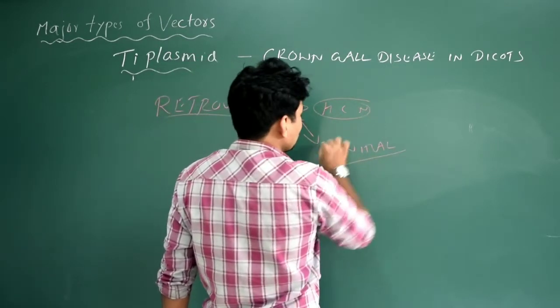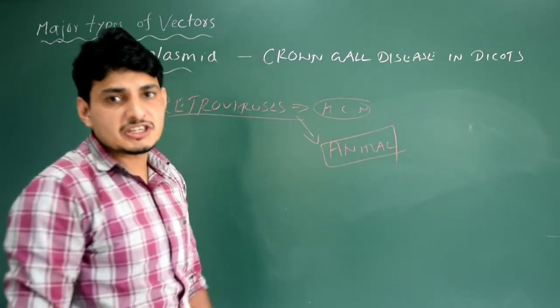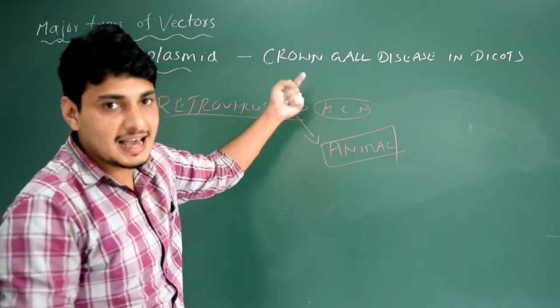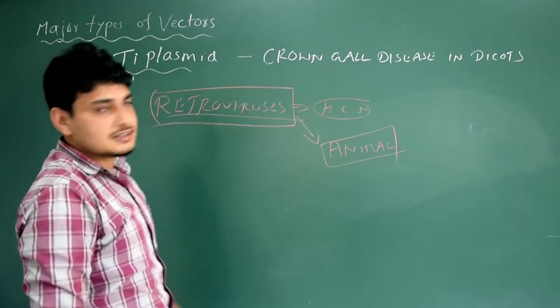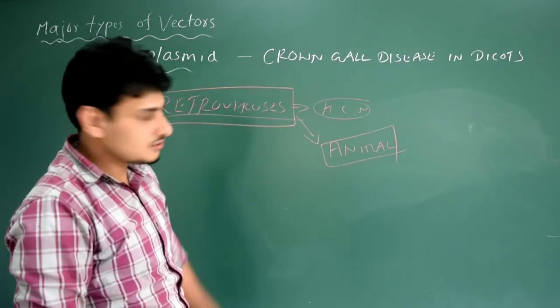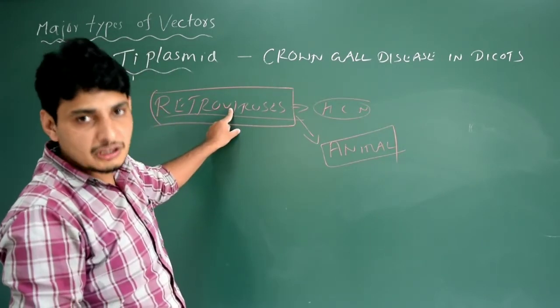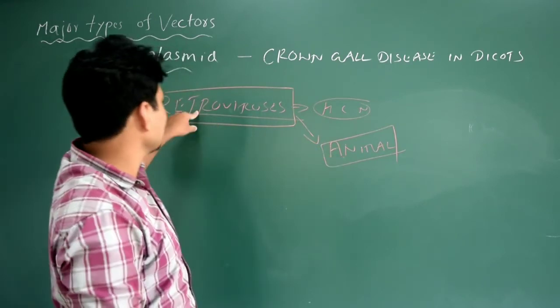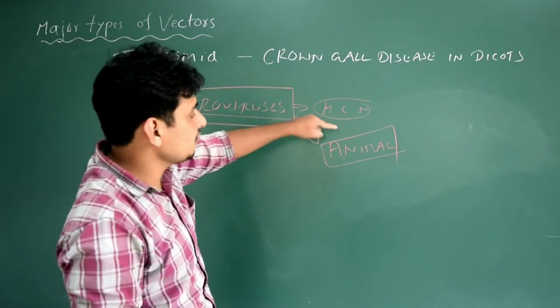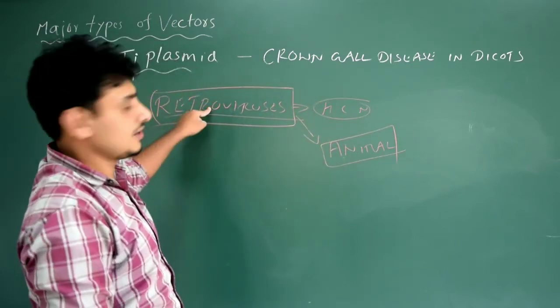So if I want to insert a gene of interest into an animal cell, not a plant cell, an animal cell, I have to always prefer retroviruses as the cloning vector. Got it? So, name the cloning vector used for the modification of animal cells: retroviruses, or for the insertion of the gene of interest into an animal cell, retroviruses.